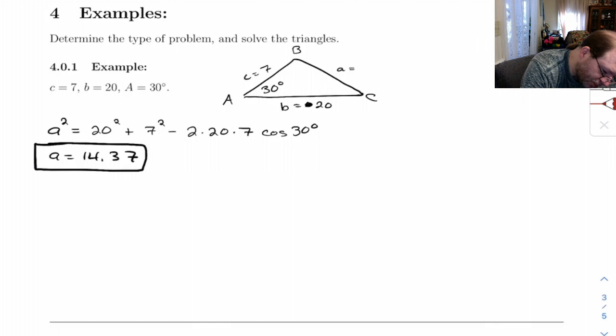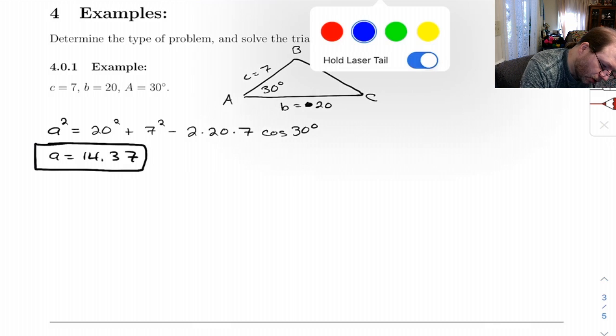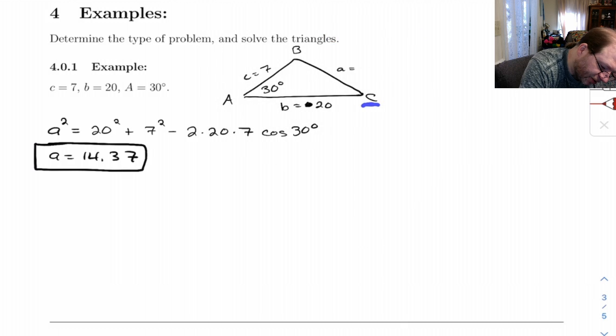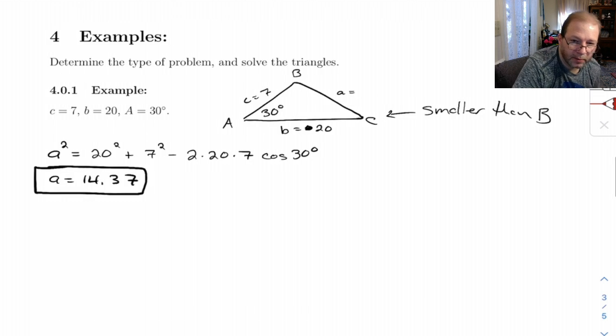So which one of these is smaller, B or C? Well, let's see. C is opposite side of length 7. B is opposite side of length 20. So C is the smaller of the two remaining angles, smaller than B. So we'll find C next.